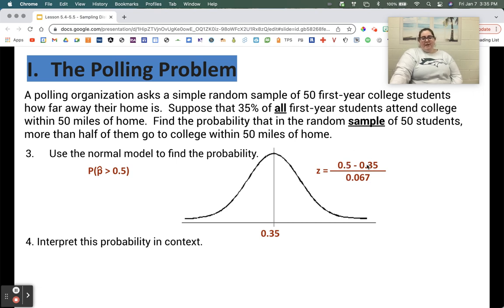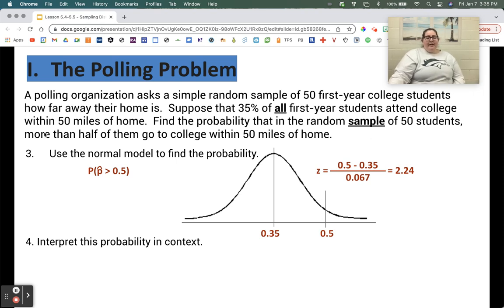The mean of the sampling distribution is 0.35. The standard deviation of the sampling distribution is 0.067. Do that calculation and I get a z-score of 2.24, which means 2.24 standard deviations above the mean is where that 0.5 lands on the sampling distribution.